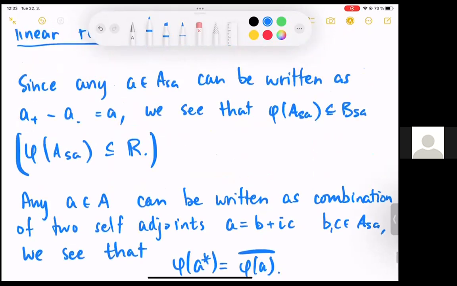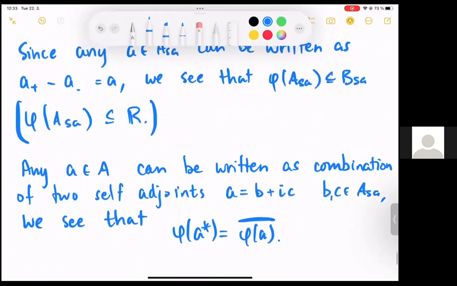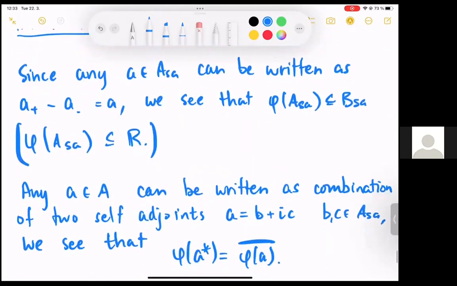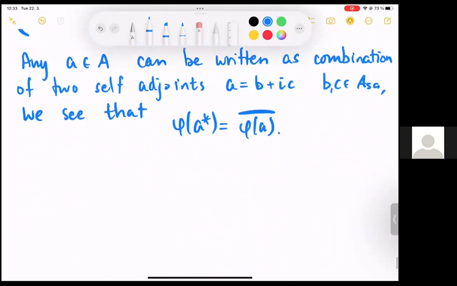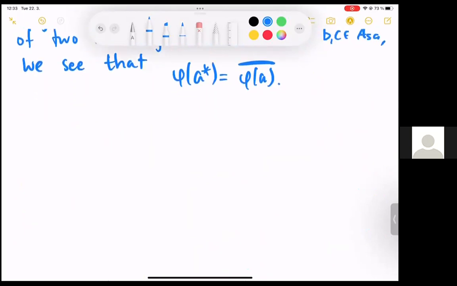So these have a lot of nice properties, but bear in mind they are not star homomorphisms, they're not characters, they're not going to be multiplicative in general.